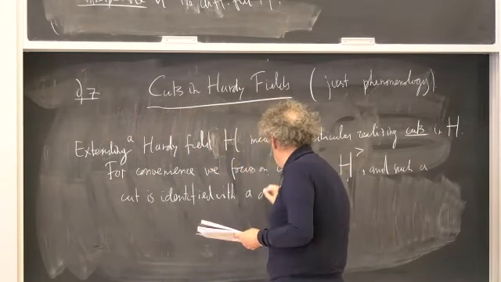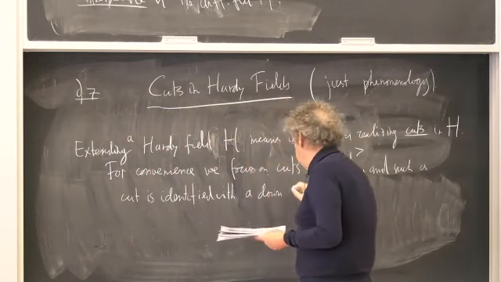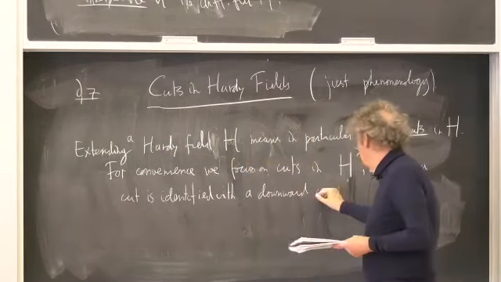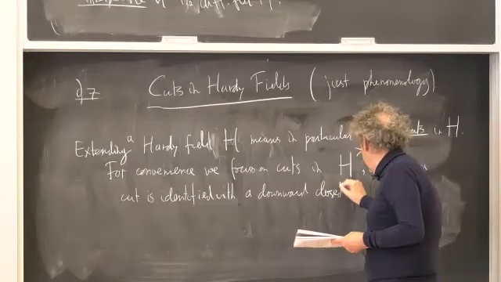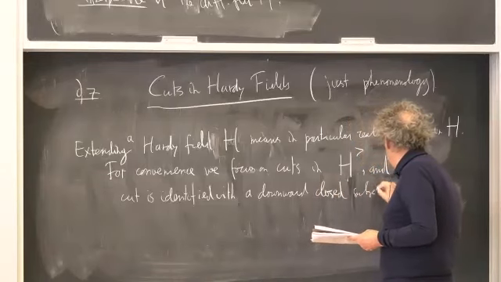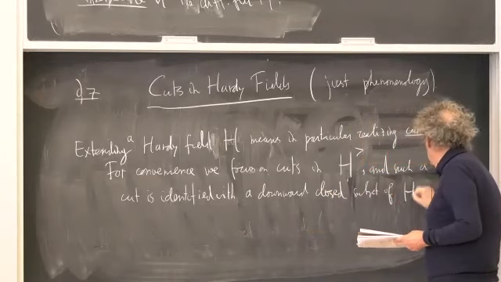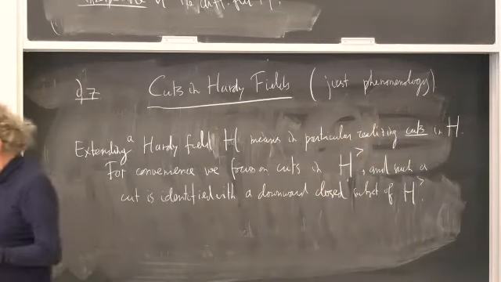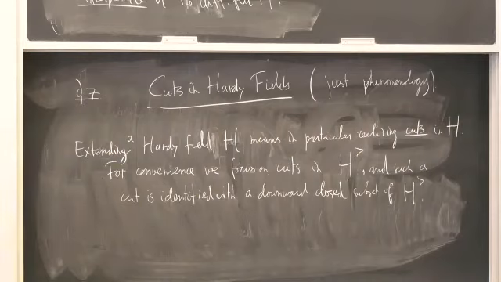Cuts are simply downward closed subsets of the positive part of H. And there are five that are particularly important to understand.